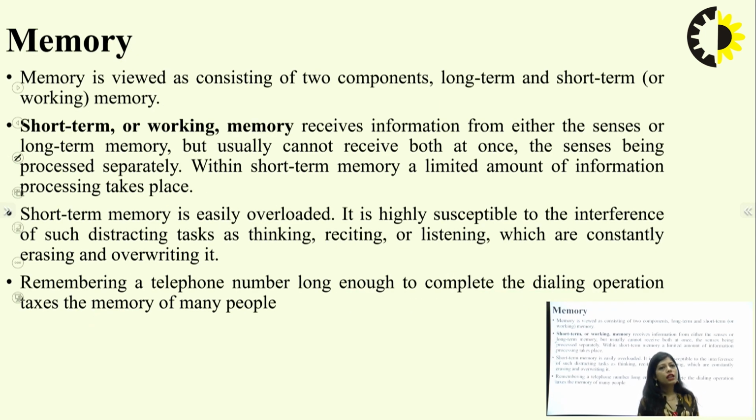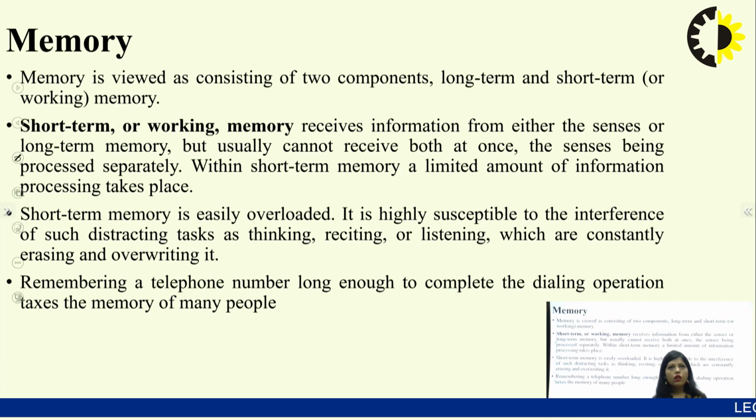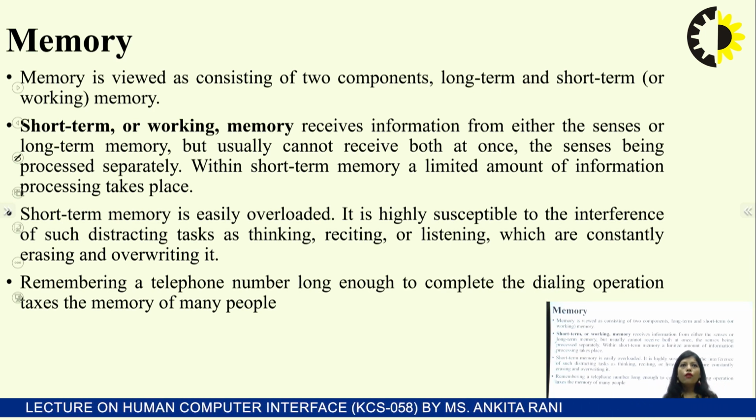After perception, the next human characteristic is memory. Memory is viewed as consisting of two components, long term and short term memory. Short term memory is also called working memory. Short term memory receives information from either the senses or long term memory, but usually cannot receive both at once, the senses being processed separately.